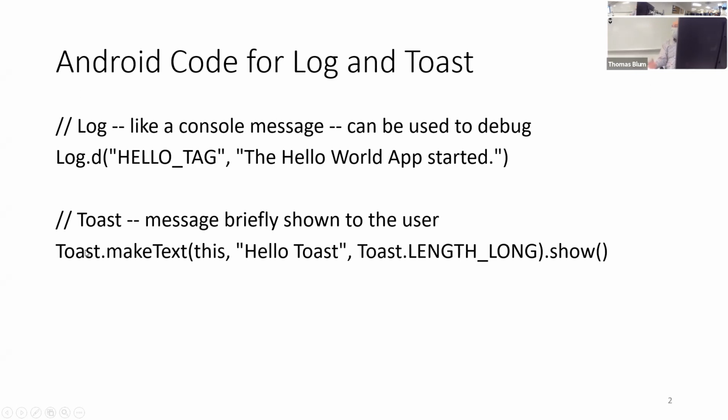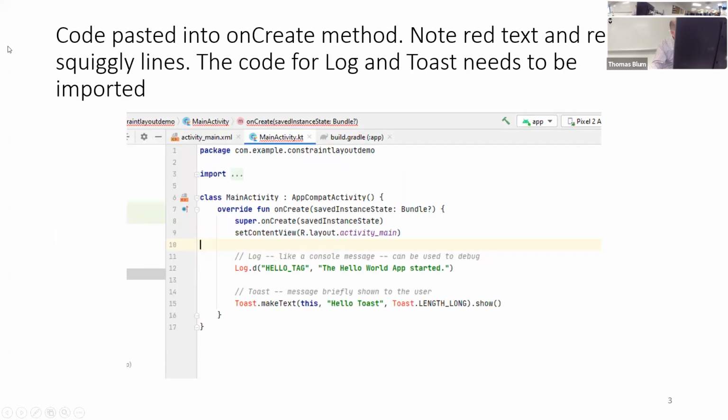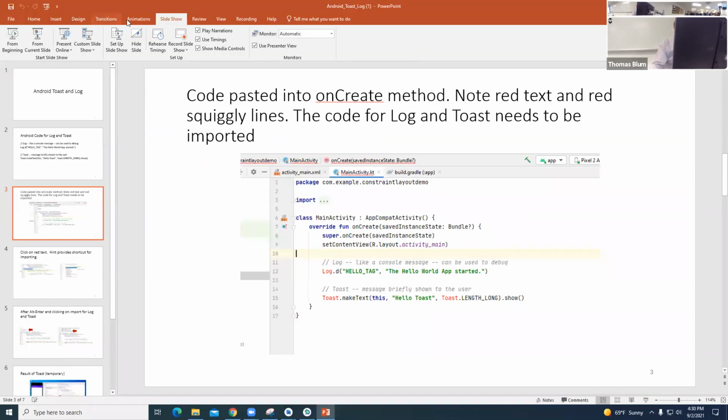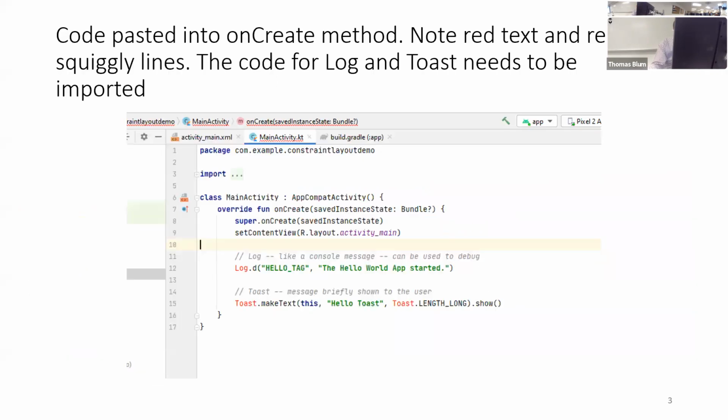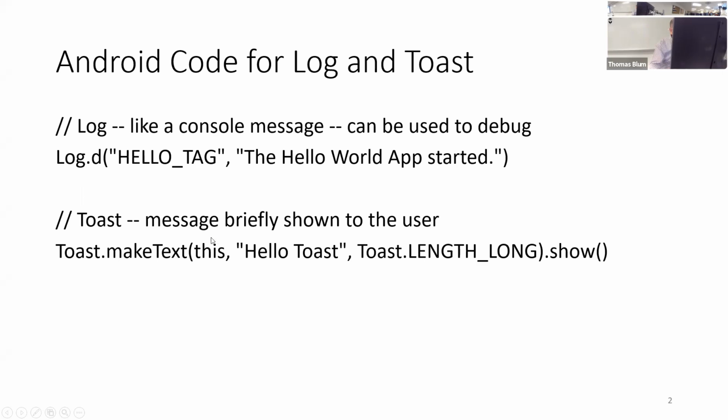Toast is like an alert in JavaScript. It pops something up and gives the user an alert. It has 3 arguments. One of them is just this, which is, I think, a context. And again, when this works, it's nice and easy.